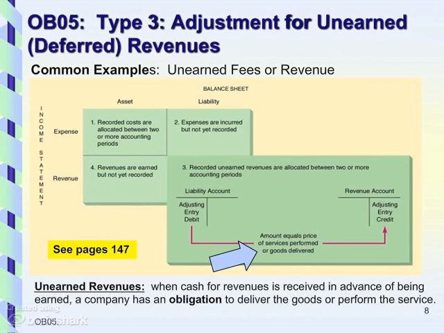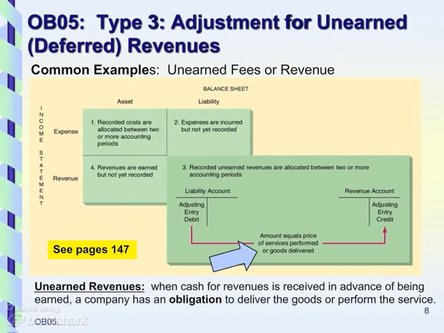A company has an obligation then, after they receive that cash, to either deliver the goods or perform the service. Just as expenses can be paid before they are used, cash can be received for revenues before it is earned.